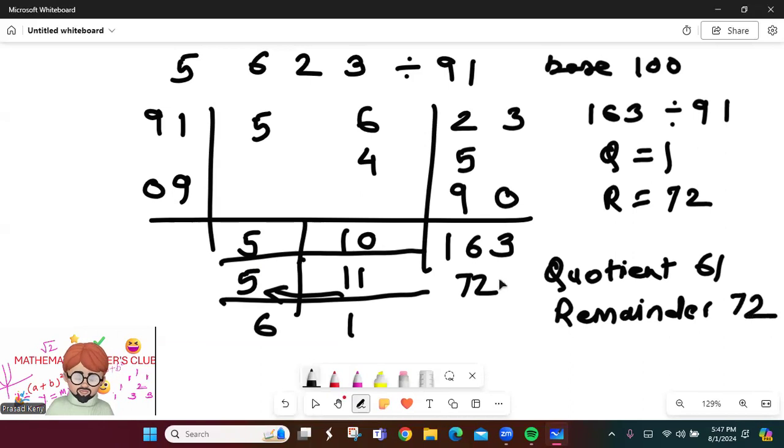And as I already taught you, if I multiply this quotient 61 by the divisor 91 and add the remainder 72, I'm going to get 5,623.